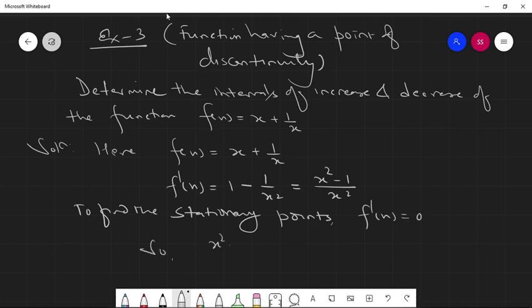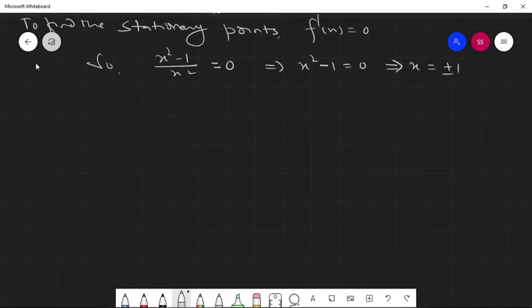So x square minus 1 over x square equal 0. x square minus 1 equal to 0, x equal plus minus 1. Hence, x equal to 1 and x equal to minus 1 are stationary points of the function.